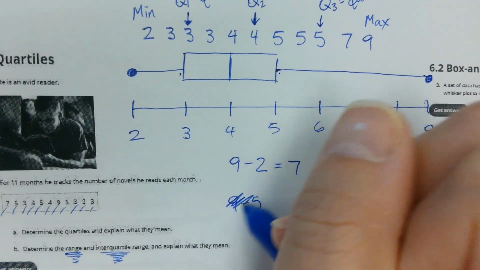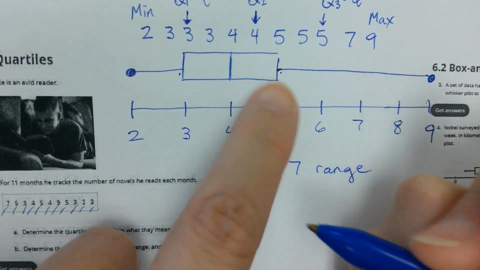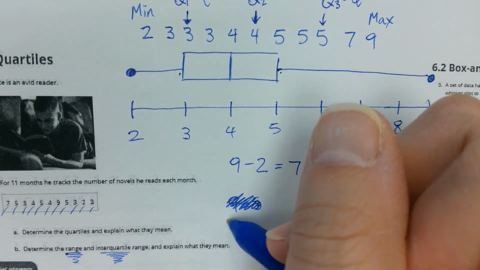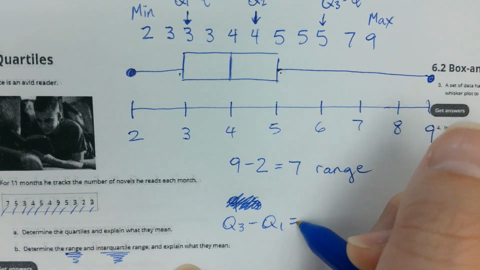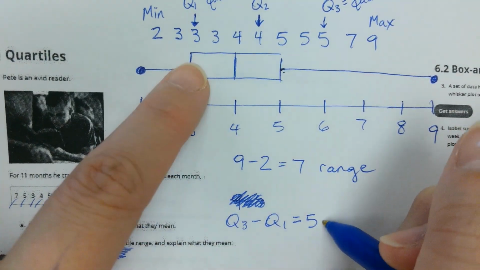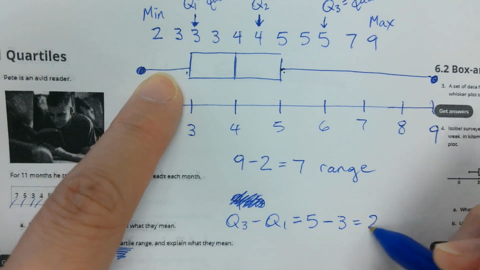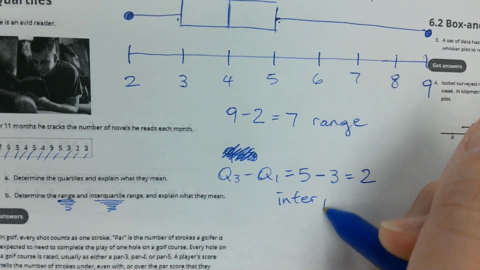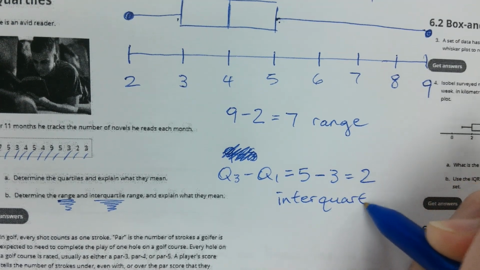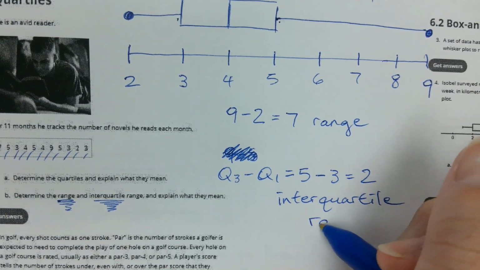Sorry, no. Interquartile range means Q3 minus Q1, which is 5 take away 3, 2. And this is called your interquartile range.